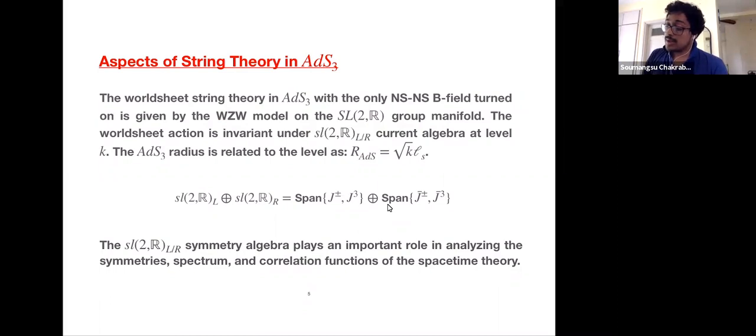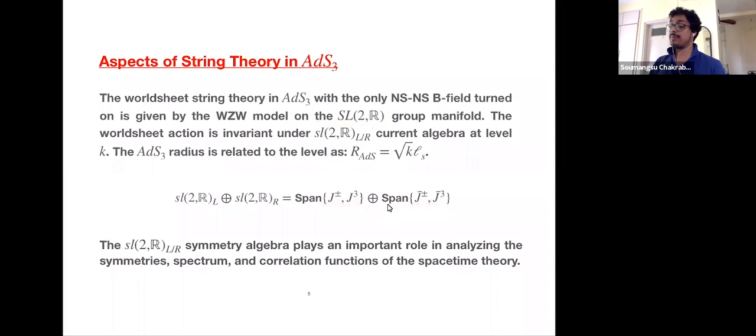The good thing about this SL2R Witten model, like any other Witten model, is that it has two copies of SL2R, left and right current algebras. These are symmetries at level K, and K is related to the radius of AdS3 as R_AdS equals square root of K times L_S, where L_S is the square root of alpha prime. The symmetry algebras are generated by the currents J plus minus, J3, and J bar plus minus, J bar 3.